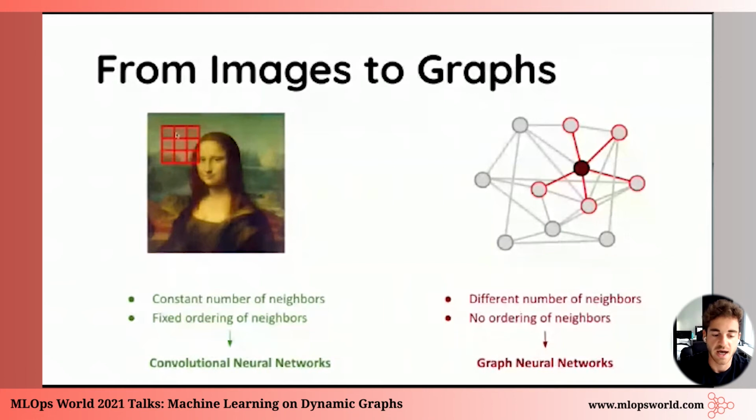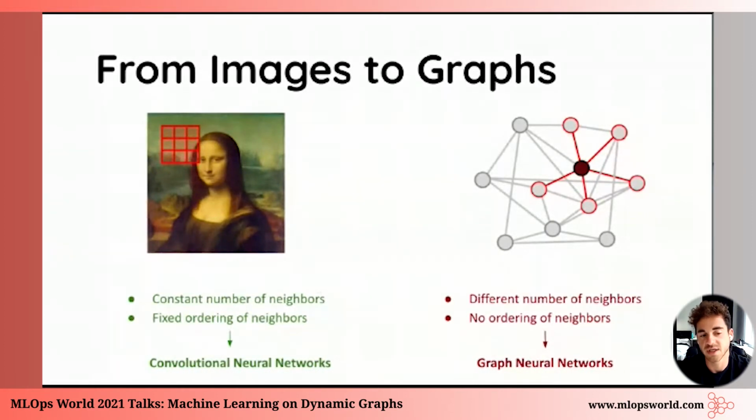And also there is a fixed ordering of the neighbors: which pixel is the top left, top center, top right, and so on. So there is both a fixed number of neighbors and a fixed ordering of the neighbors, which allows us to define convolution as this sliding filter, in this case 3 by 3, which moves around the image and computes new activations.